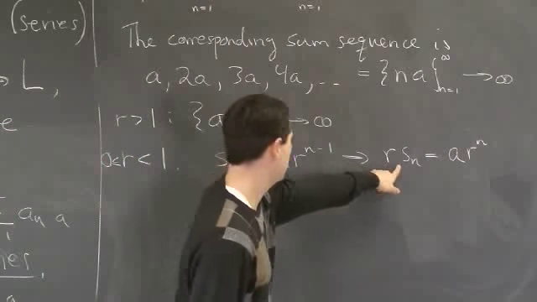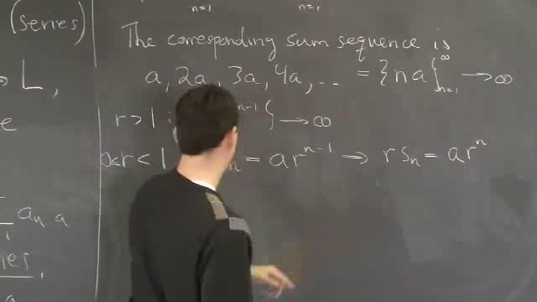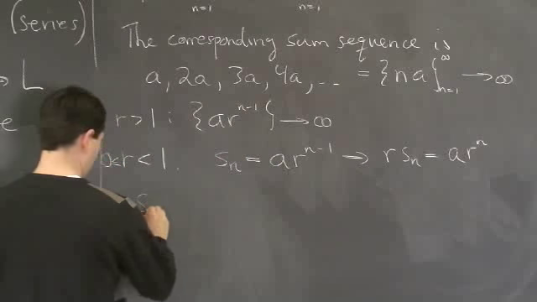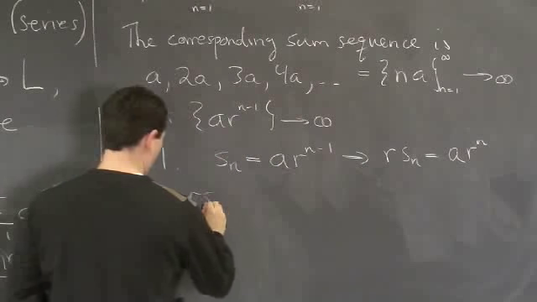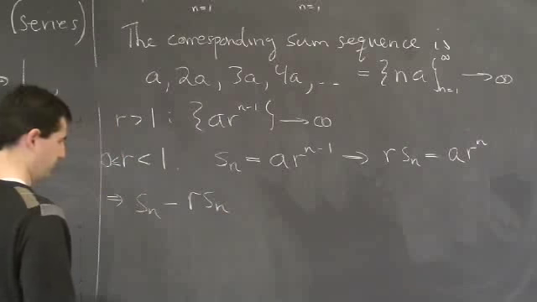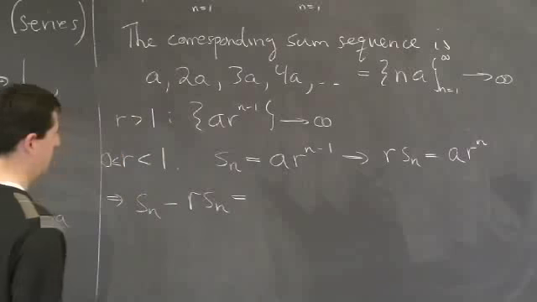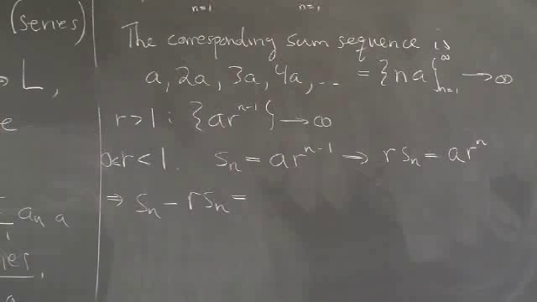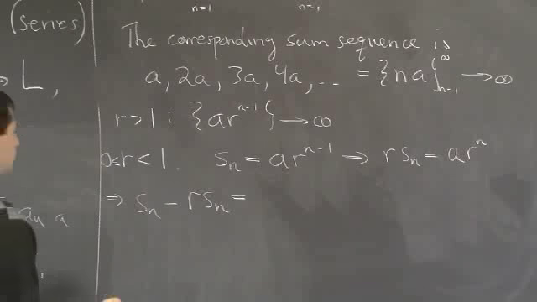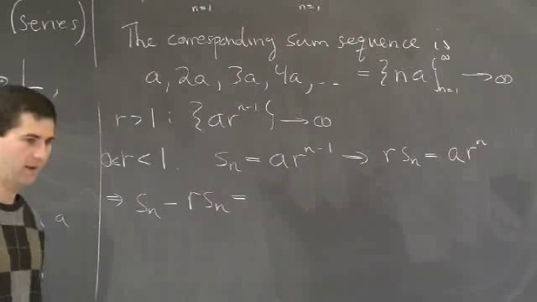Okay. Now, what good does that do me? Well, let me subtract one from the other. So let's see, Sn minus r Sn. Oh, actually, I'm messing this up. Why am I messing this up?